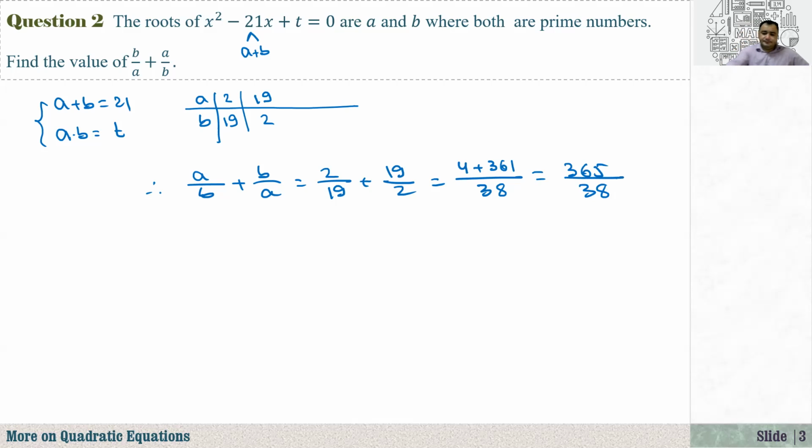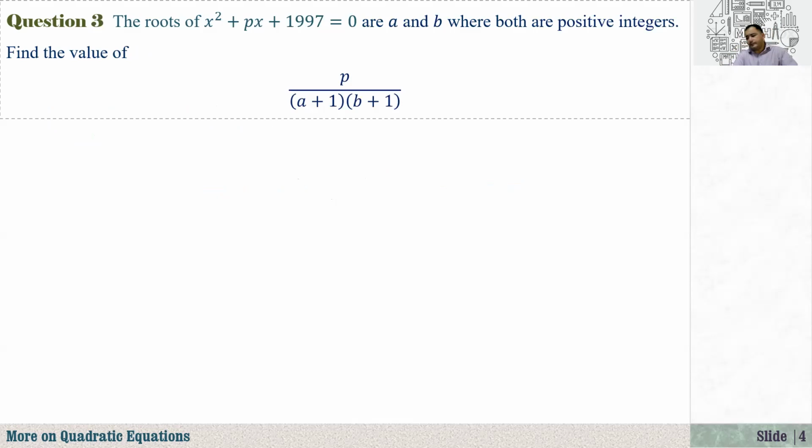All right. Next question. The roots of x squared plus px plus 1997 equal to 0 are a and b, where both are positive integers. We need to find the value of the expression p over (a plus 1) times (b plus 1).